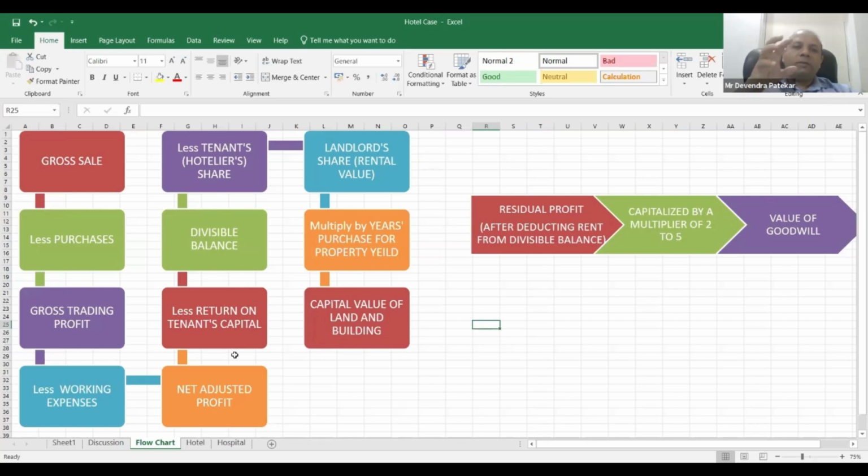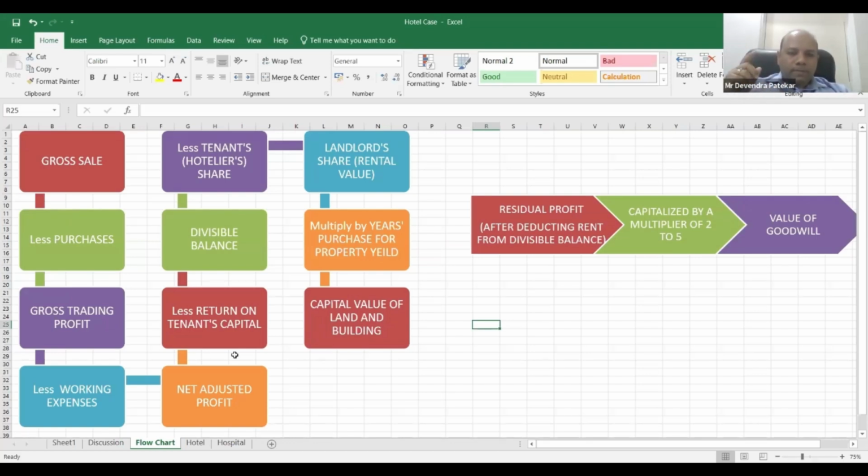That means whether it is in close proximity to business areas, a central business district, or close to the environment or any tourist attraction spot in the city. Based on that, the hotel selection would take place. So there is an element of goodwill as well as the asset that we are valuing. That's why the divisible balance will get split into two parts.